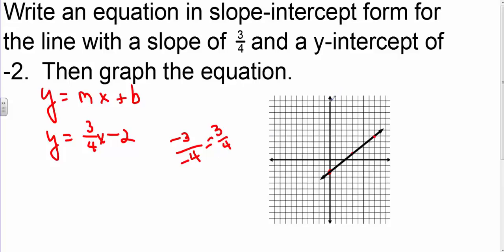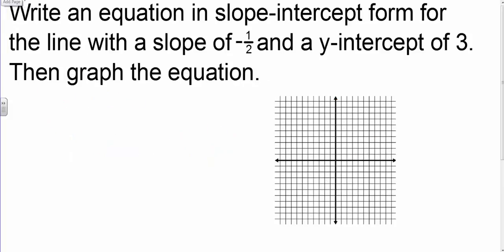Like if you had a point right here and it said the slope was 3/4, then you would go 1, 2, 3, and you would be off the graph. But because you know that it can be negative over negative, you can go down 3 and left 4, and draw your line and still be on the graph. Okay? Something that you need to know.